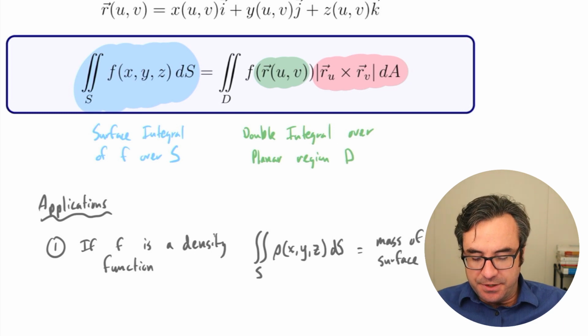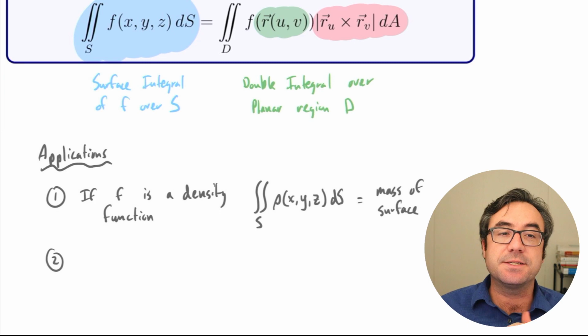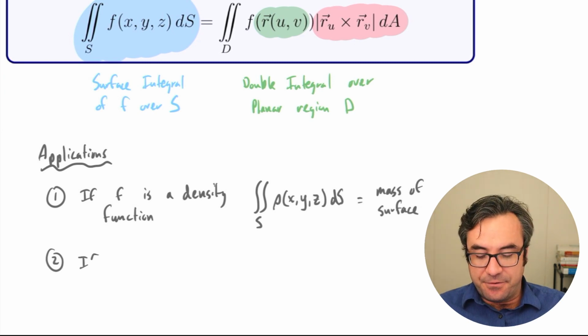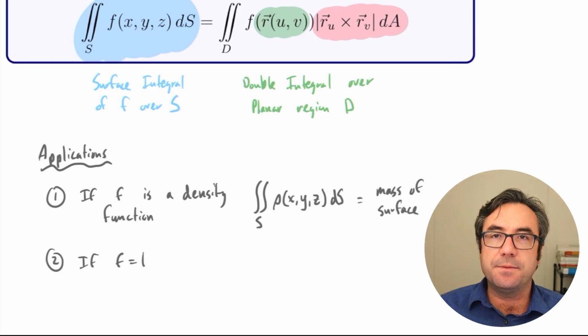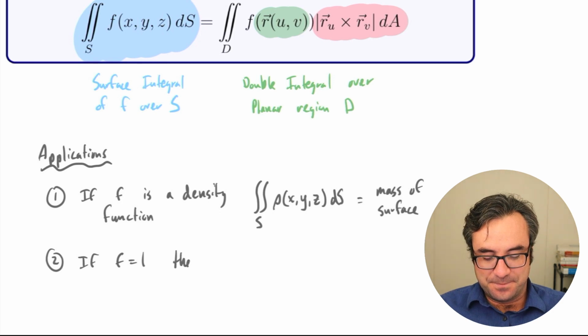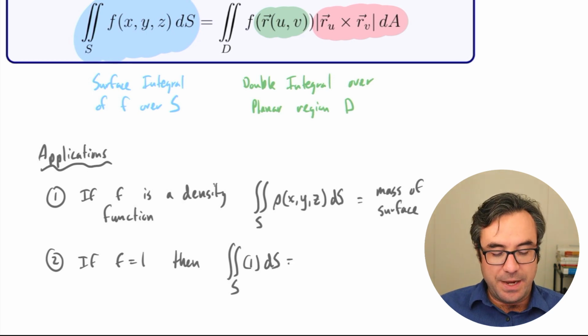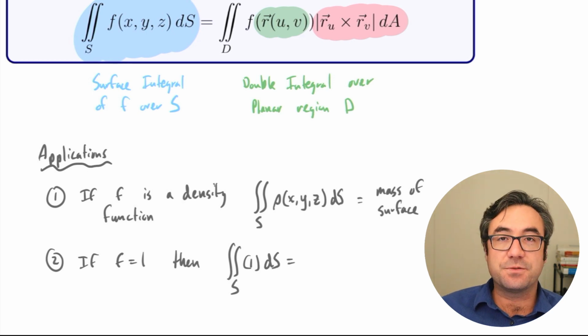Another application of this surface integral, and one we've already looked at without even really knowing it, is if f is equal to the constant function 1, well then the surface integral here gives us the surface area. So if we integrate the constant function 1 over this surface, we end up with the surface area.